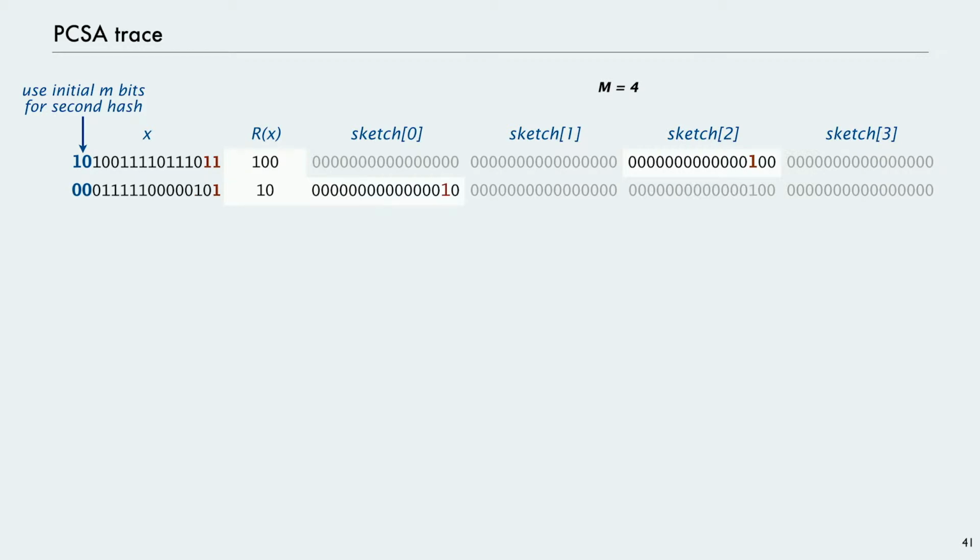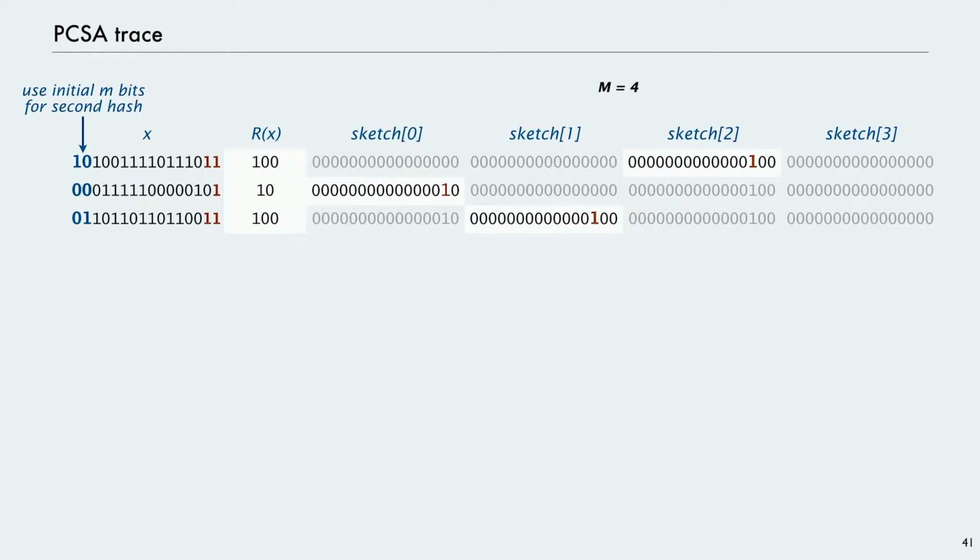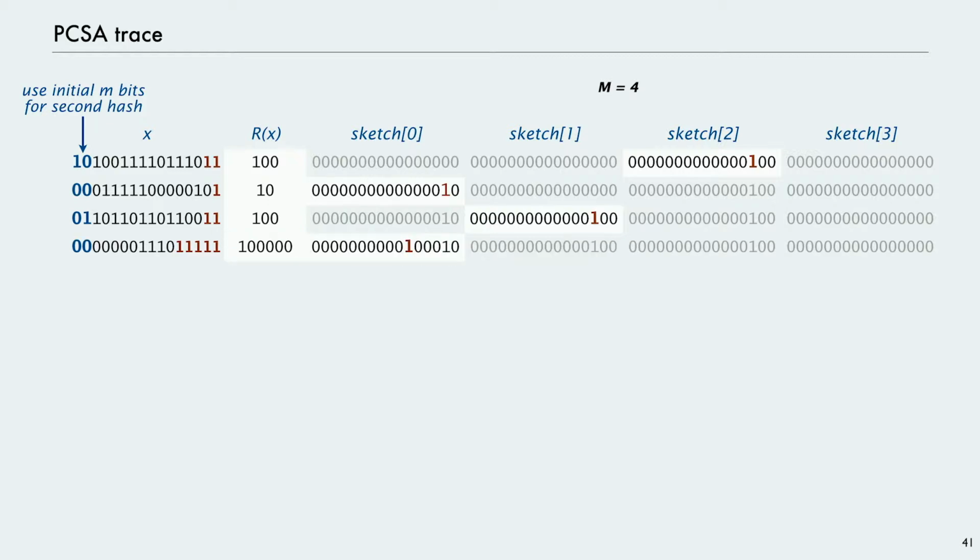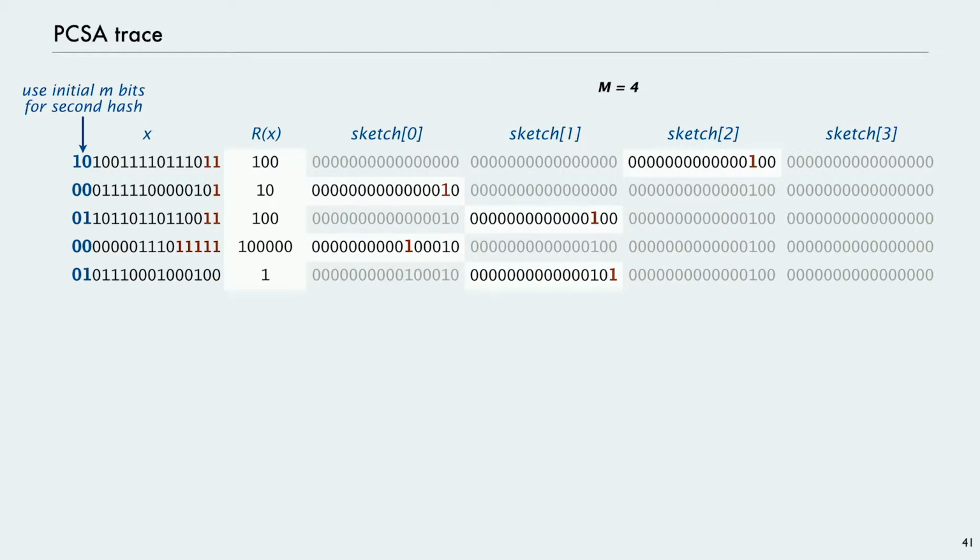The next one is 0, 0, so it goes in the first stream, and that's the one whose r value gets updated. And then the next one, 0, 1, same r value as the first one, but it's in a different stream. Now this one with 5 trailing zeros, its initial 2 bits are 0, 0, so that value goes into the first stream.